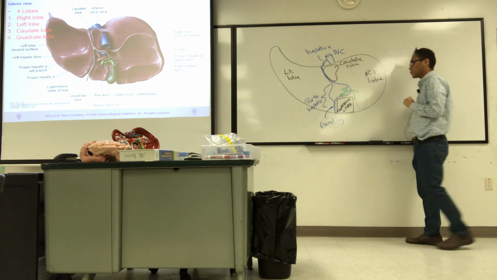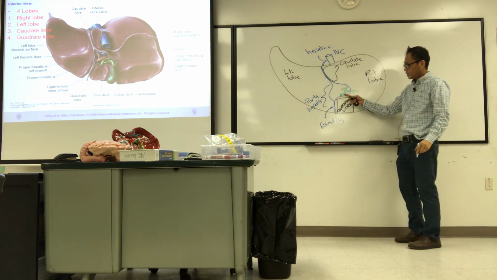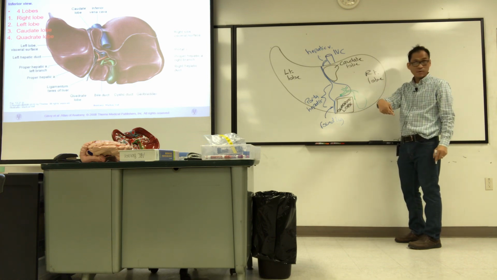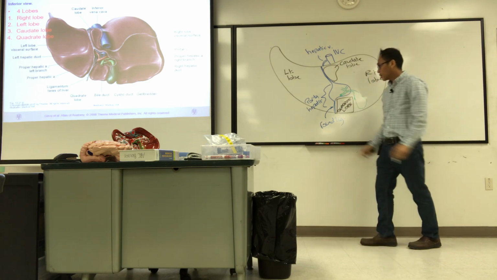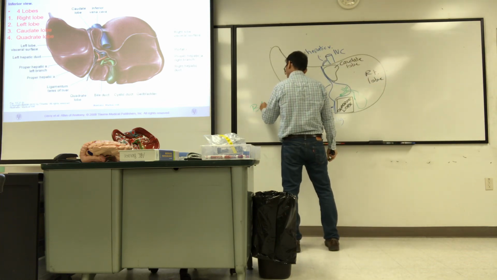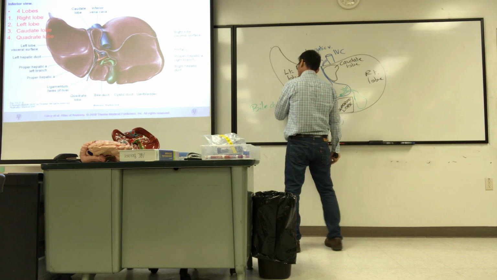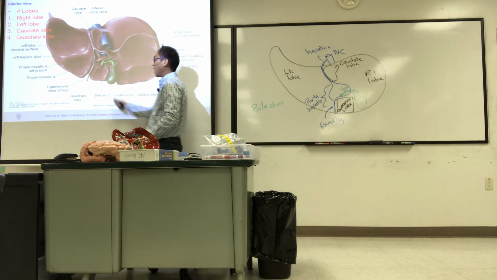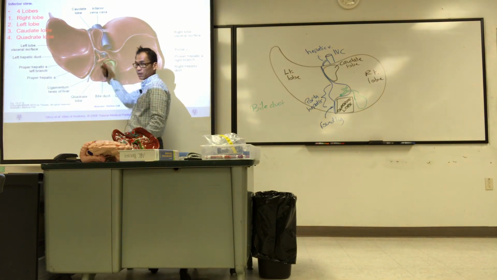Okay, anyways, this little duct is called the bile duct, and bile is coming out of the liver from this point. So, you got porta hepatis, one thing coming out, bile duct. Two things going in are two blood vessels, proper hepatic artery and portal vein.